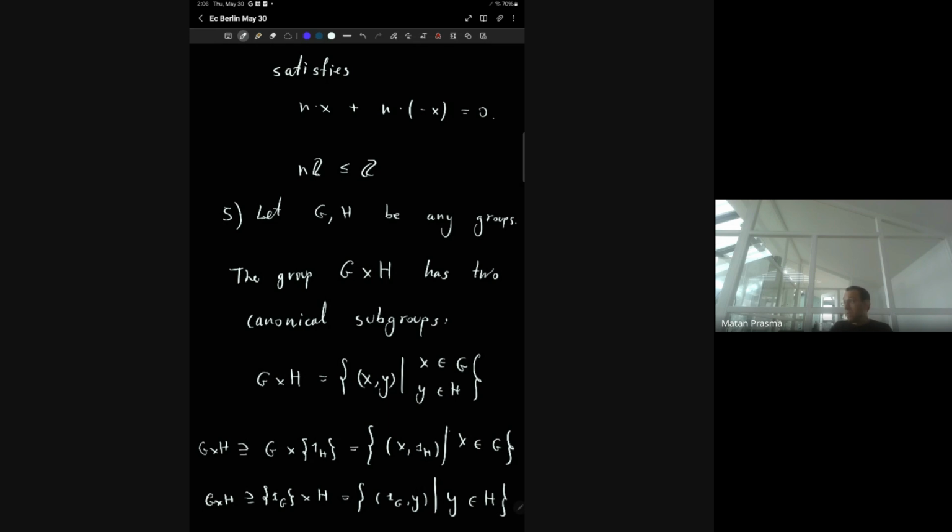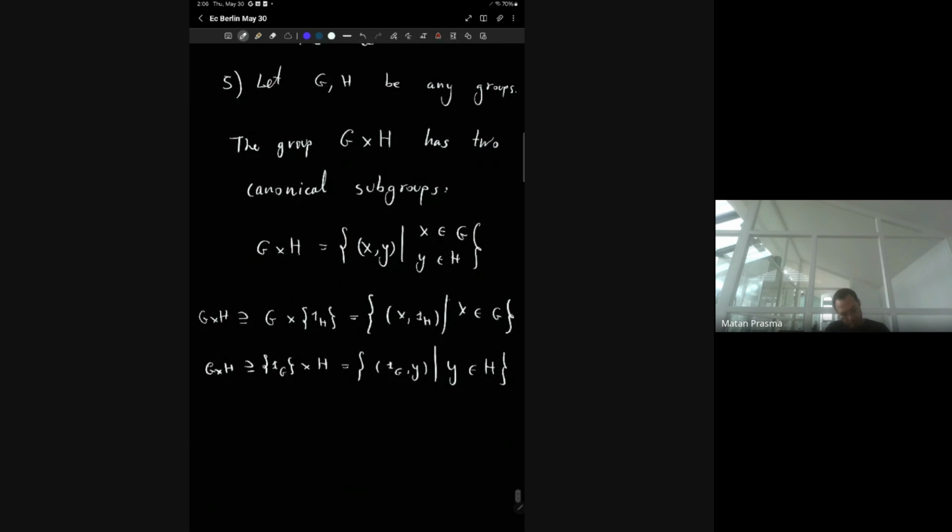And I claim that these two subsets are in fact subgroups. Both are subgroups. I leave it as an exercise. What is the operation for this?